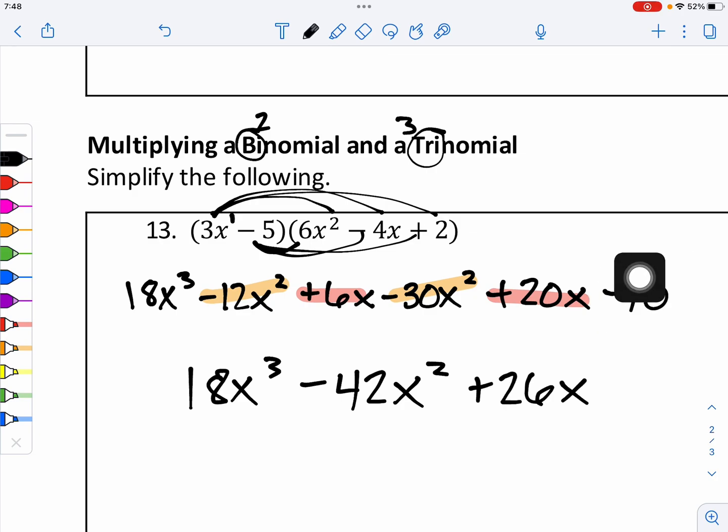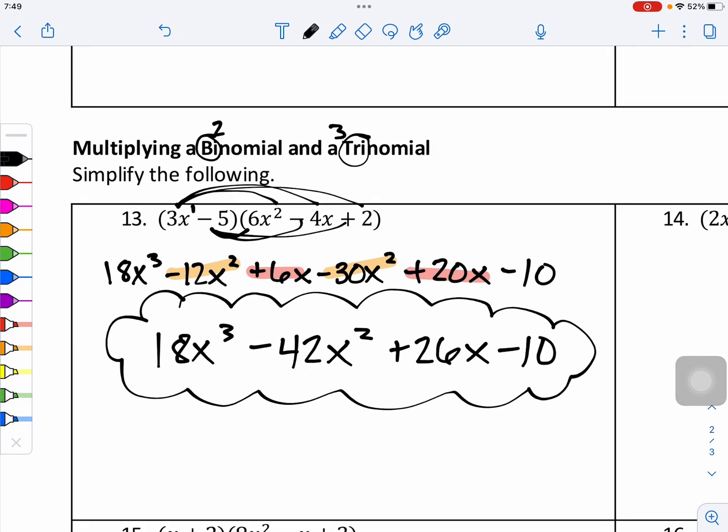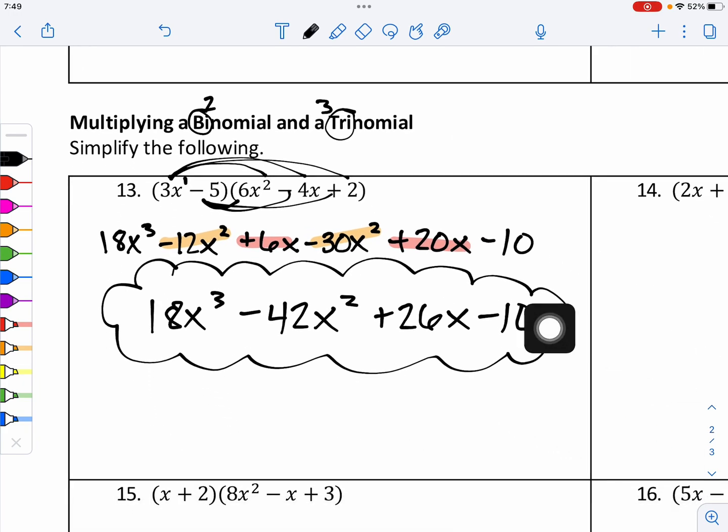And then nothing to combine with that number, just a number, negative 10, so he stays. And then our exponents all in descending order. X to the third, x squared, x to the first, x to the 0. 3, 2, 1, none. So our final product is 18x to the third minus 42x squared plus 26x minus 10.